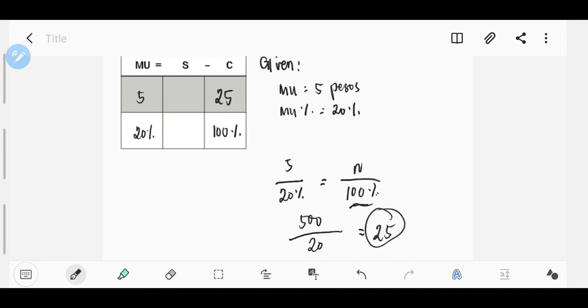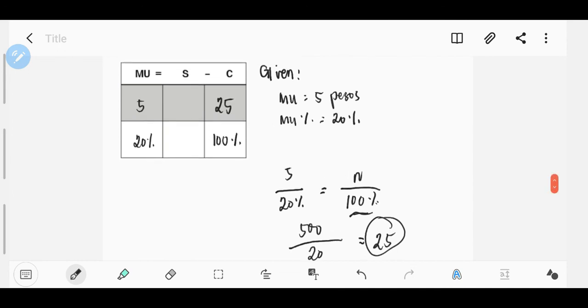So, lagyan natin ng 25 dito. So, what will be our selling price? So, i-manipulate lang natin ng konti yung ating formula. If MU is equal to S minus C, meron tayong given na MU na 5. Wala tayong selling price. Meron tayong cost. Ang cost natin ay 25. To solve for S or the selling price, ililipat natin yung negative 25 sa kabila. Magiging S is equal to 5 plus 25. Diba?